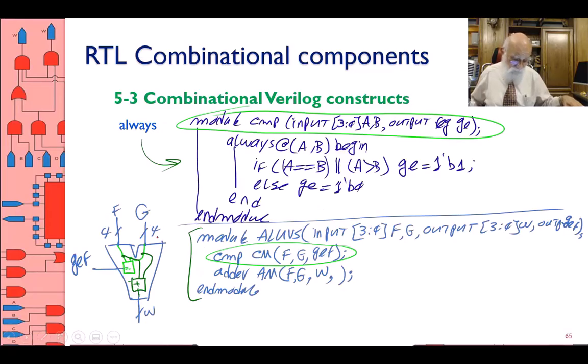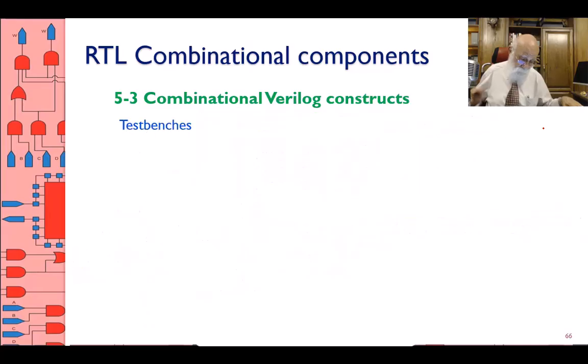It has F and G, and then GE, F, and W are the outputs. Module useless ALU tester. Test bench. No inputs and outputs.